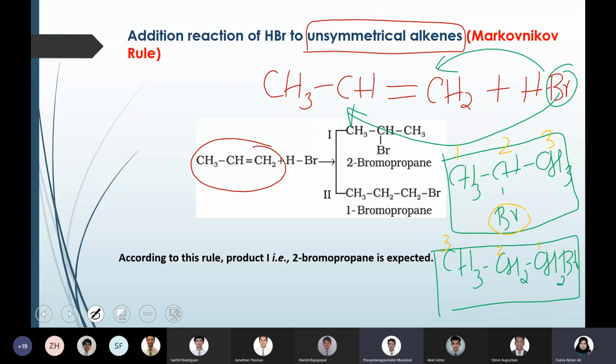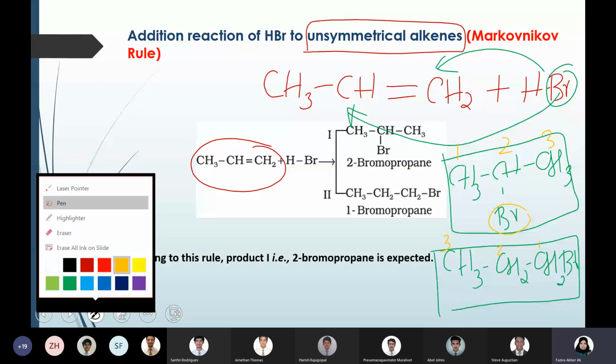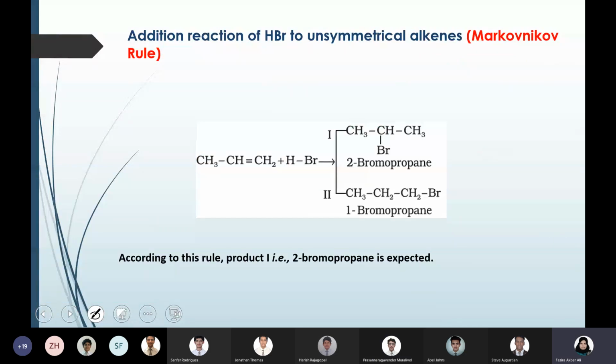Okay, now only the thing comes, because in organic chemistry, you can't have two products or three products in equal proportion.